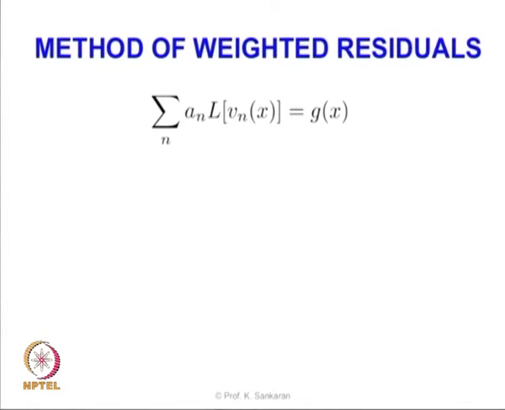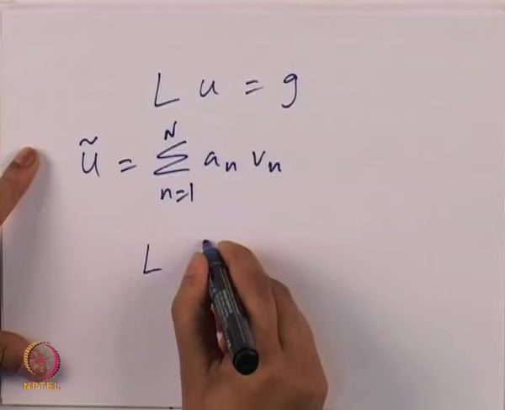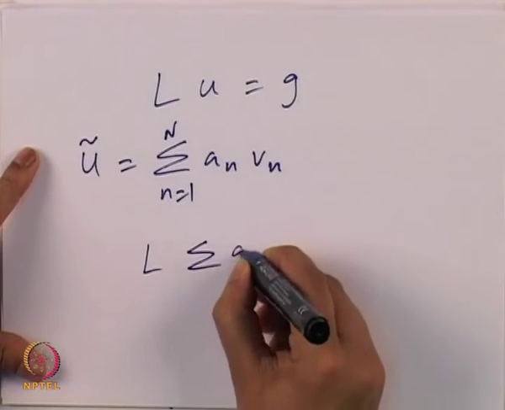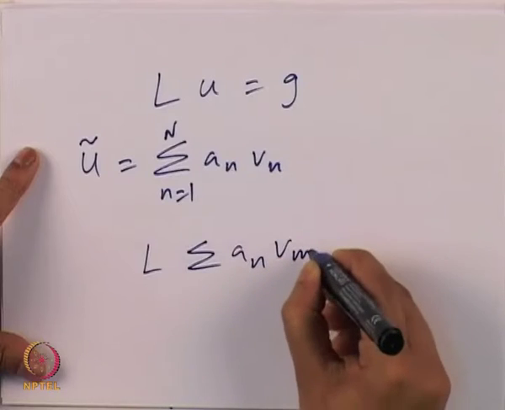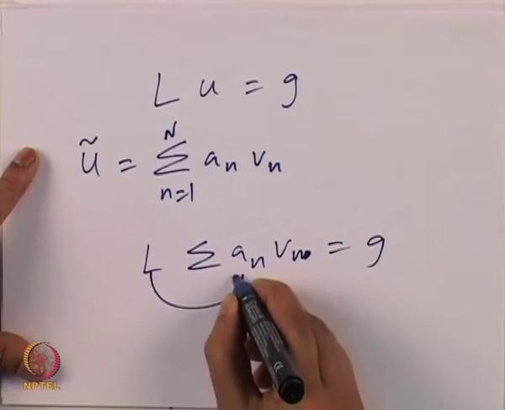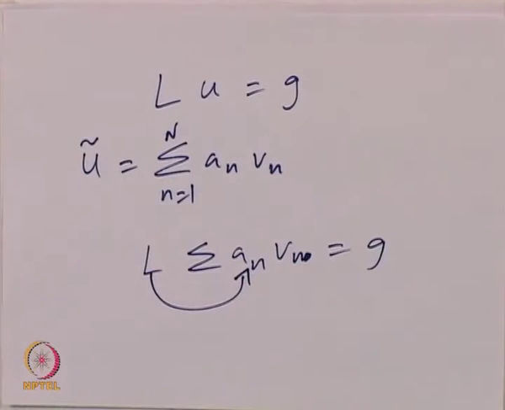So what we are doing is, we are taking the value a of n, v of n, and we are bringing the operator L inside the summation. So we are starting with L of the sum of a of n, v of n is equal to g, and we are bringing this L inside the summation, and that is what we see here in this particular slide.